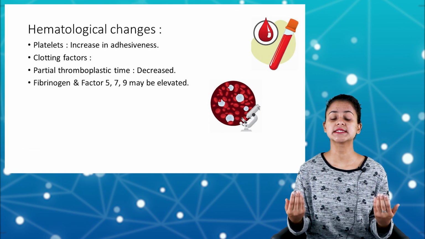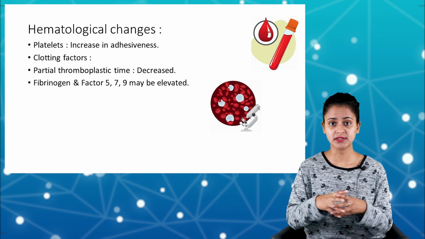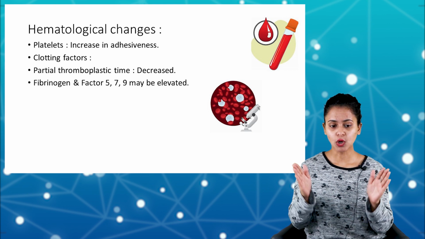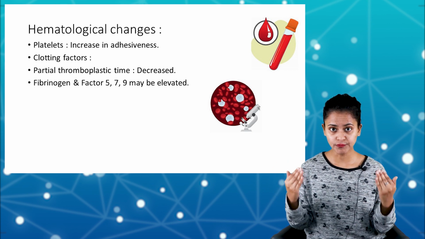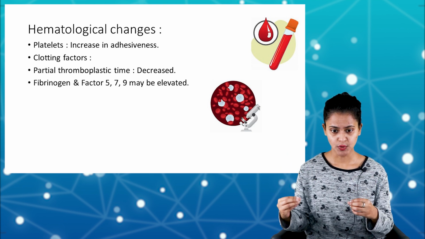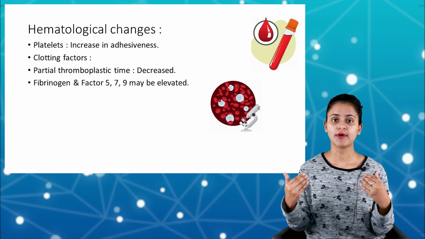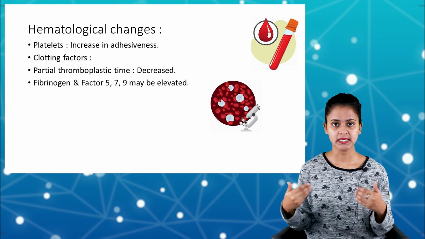So often we're going to see the platelets will be increased with their adhesiveness. Clotting factors will be undergoing certain changes. So often we are going to see partial thromboplastin time will be decreased here, and fibrinogen and factors 5, 7 and 9 may be elevated.